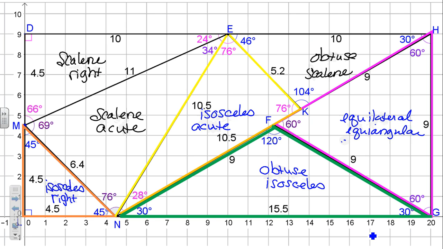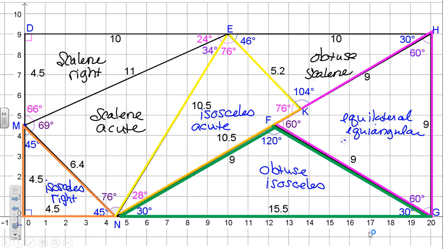Okay, we've got all of our triangles. Now, what I want you to notice, guys, is we classified by their sides. We classified by their sides, but I want you to pay attention to the isosceles and the equilateral ones.